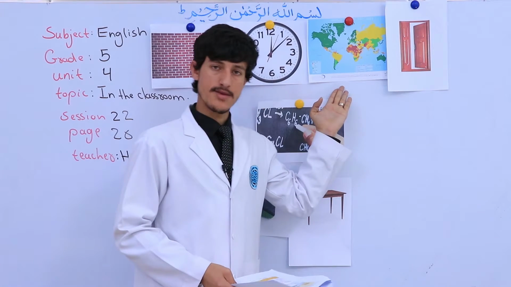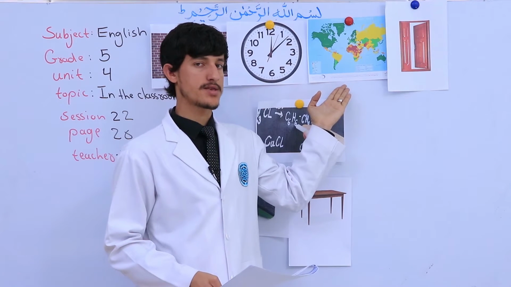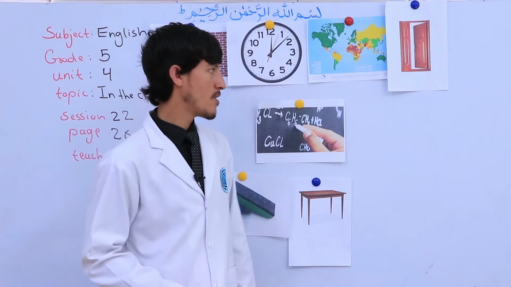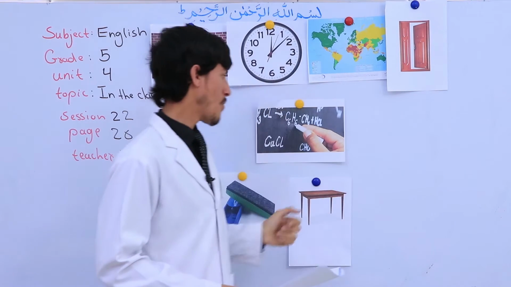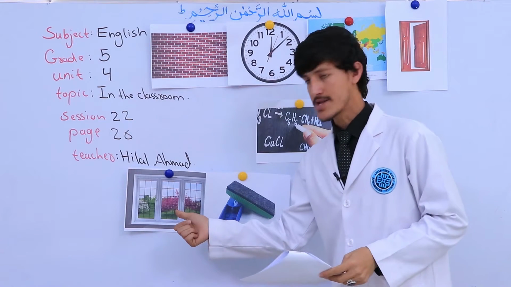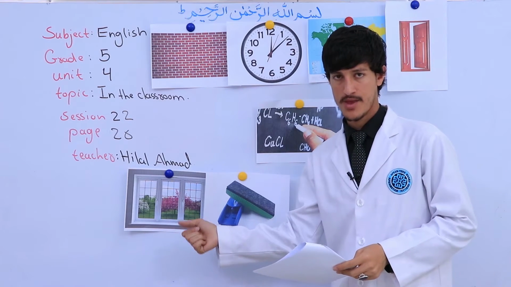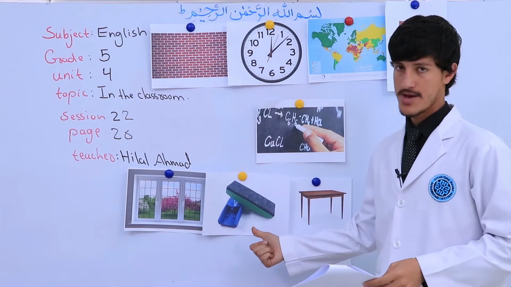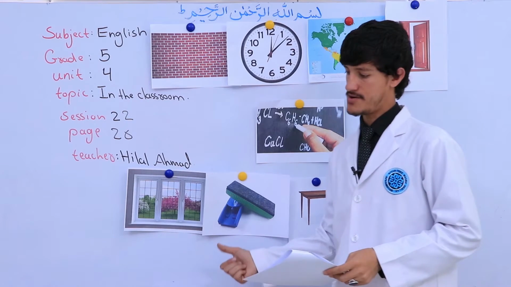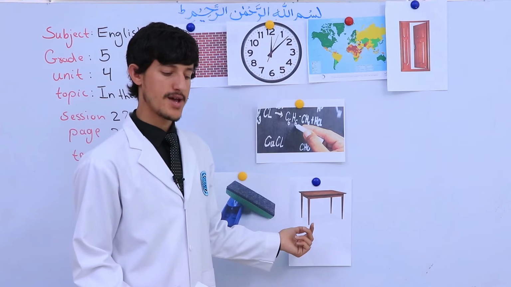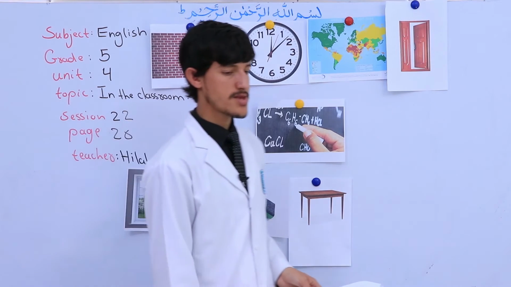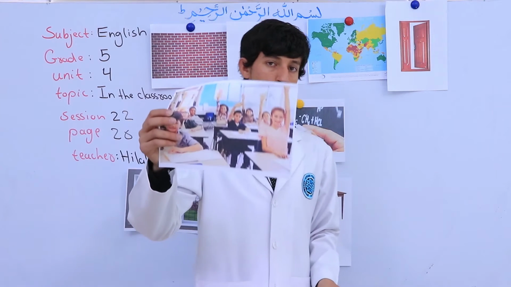What is this? It is a map. What is this? It is a door. What is this? It is a window. What is this? It is an eraser. What is this? It is a table. What is this?